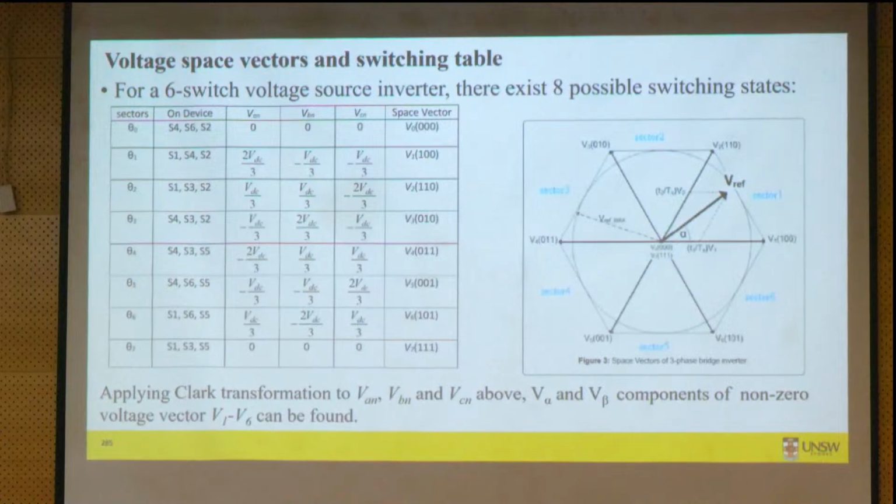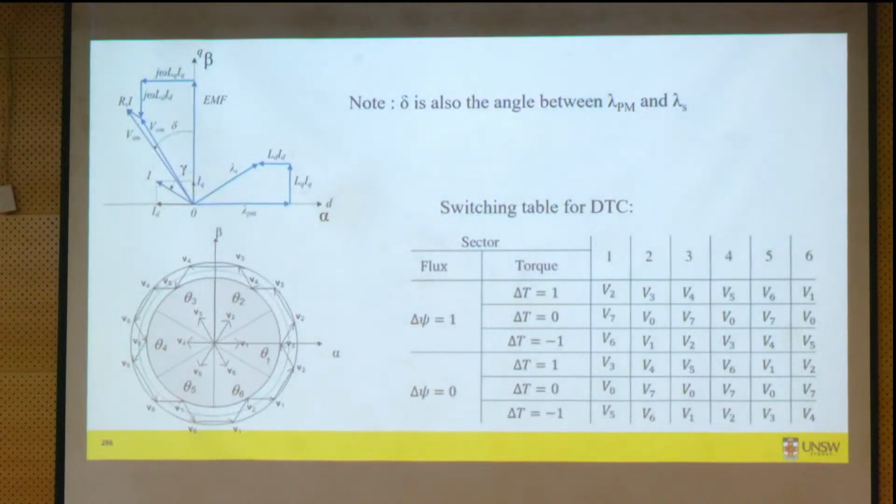So what we do is, let's say my torque error from the hysteresis controller is positive. That means I need higher torque. My motor is demanding higher torque as well as demanding increased flux. In that case, let's say my reference space voltage vector was in sector 1.